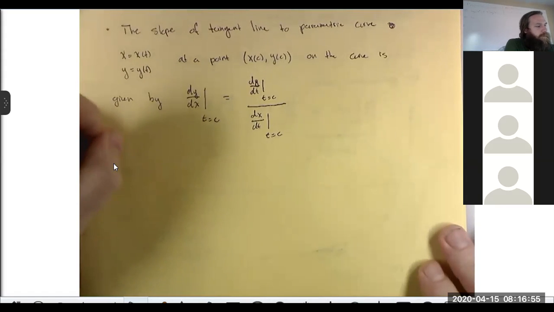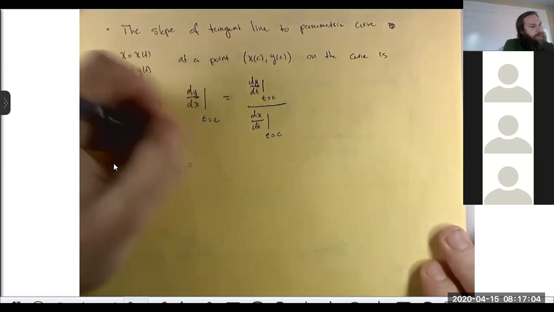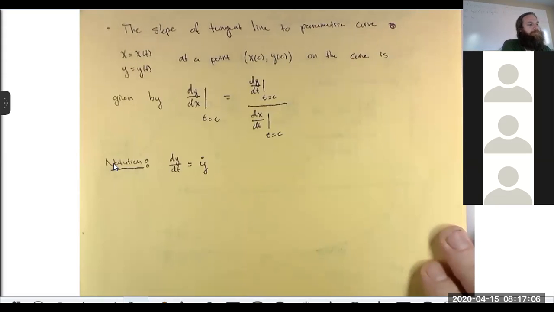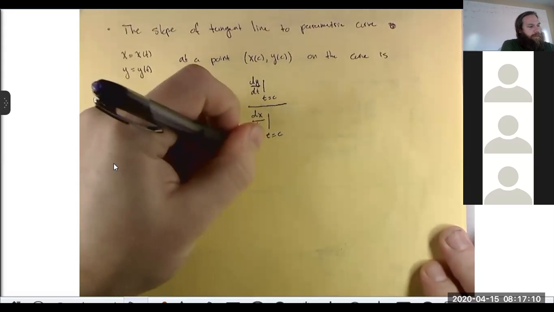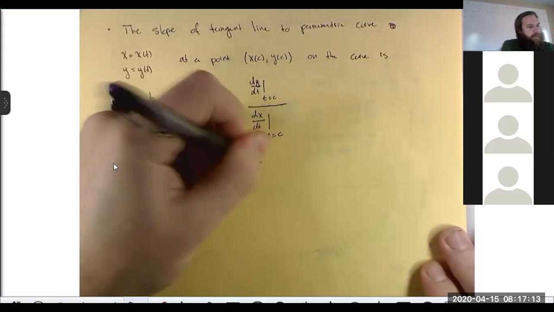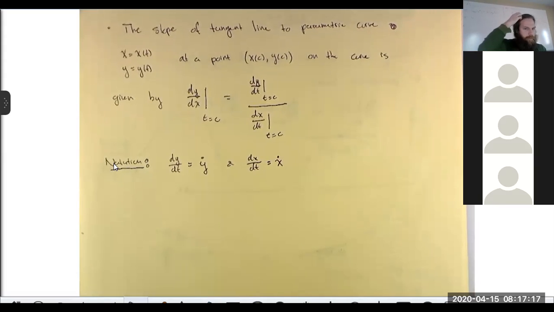But the special notation for dy/dt, we write y dot. And for dx/dt, we write x dot. This notation comes from physics. The centered dot represents the time derivative. Two dots would mean the second derivative, three dots would mean the third derivative.